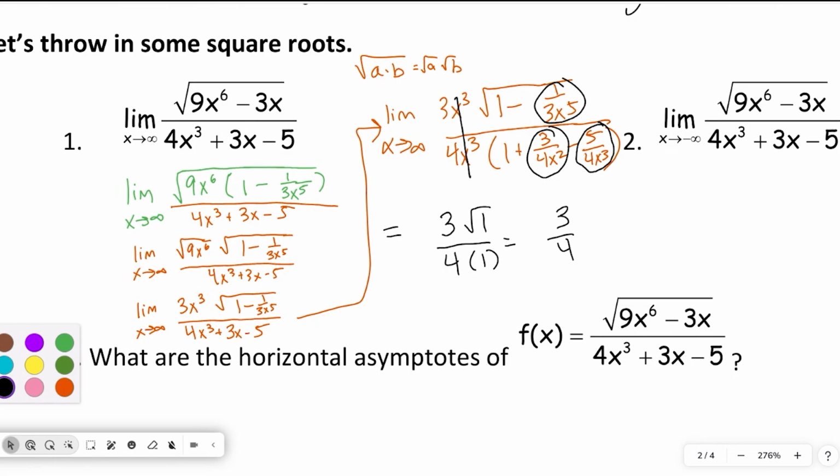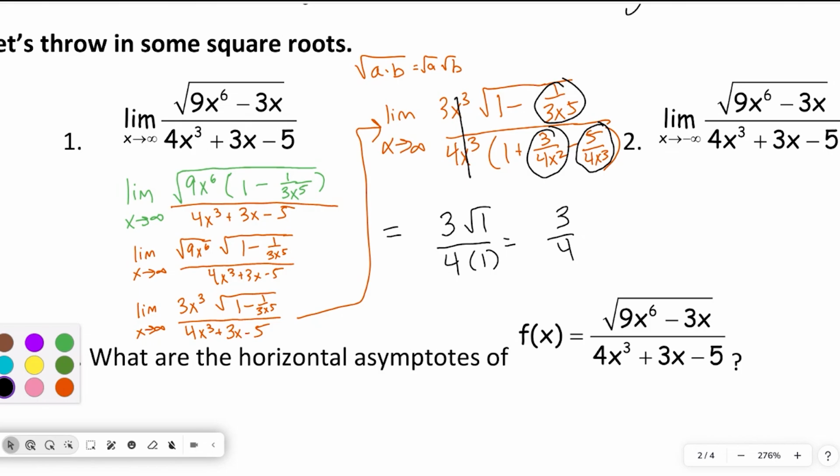But we're missing something here. The square root of x squared doesn't just equal x. That could equal both x, but it could also equal negative x.